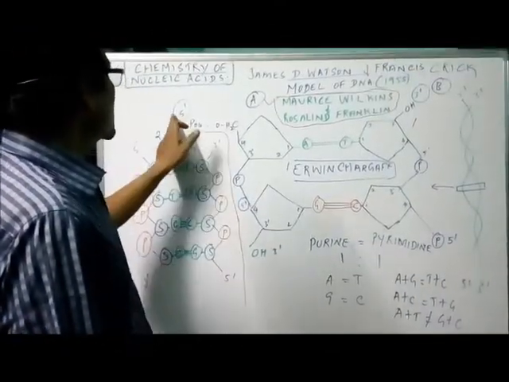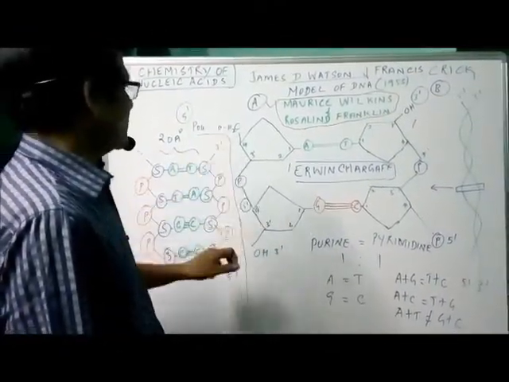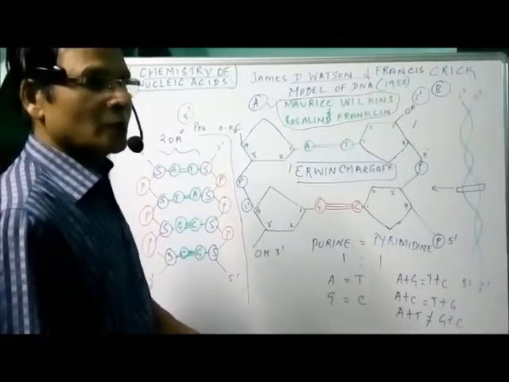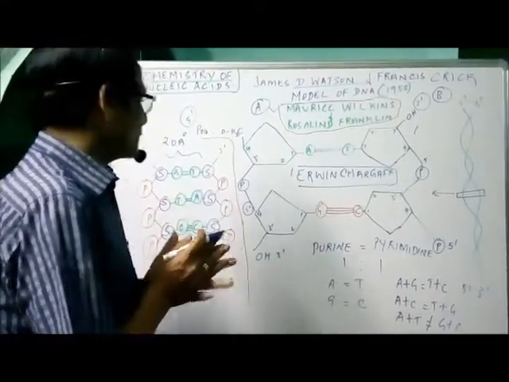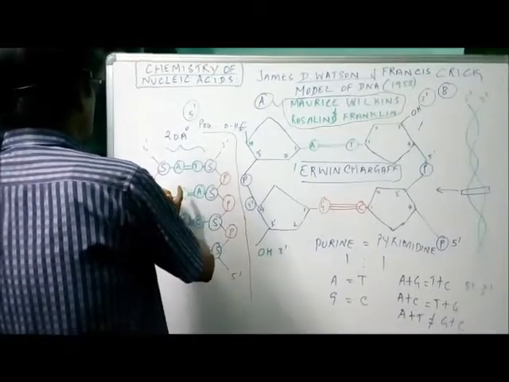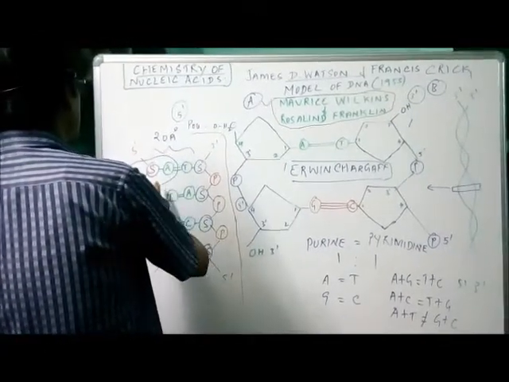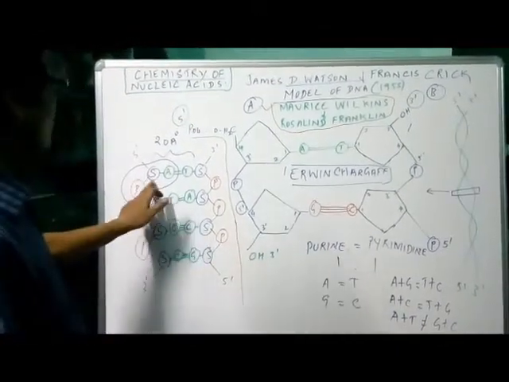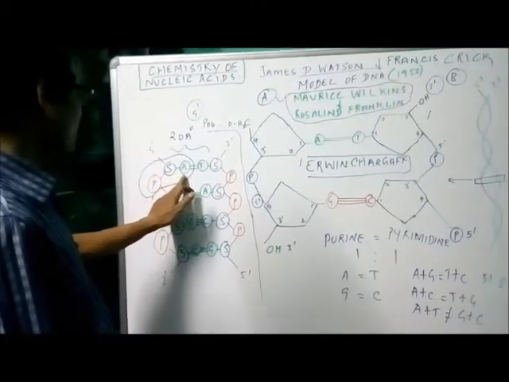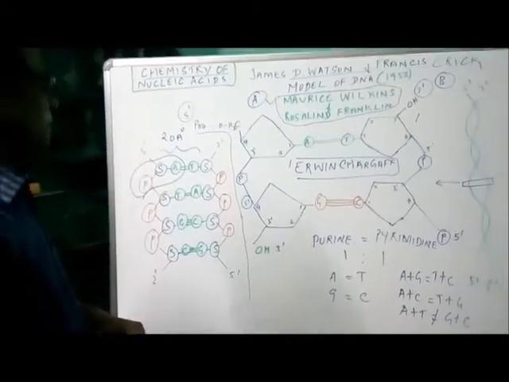So the phosphate group is attached to the fifth carbon as well as to the third carbon. When a nucleotide is formed, this is one nucleotide that I am mentioning. A nucleotide is formed of a sugar, a base and a phosphoric acid molecule.